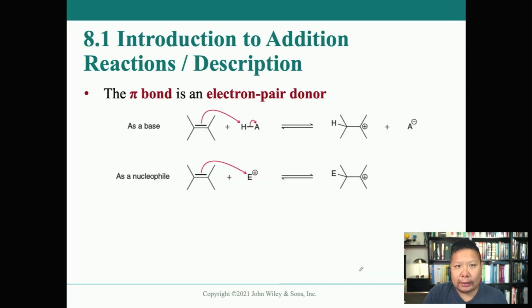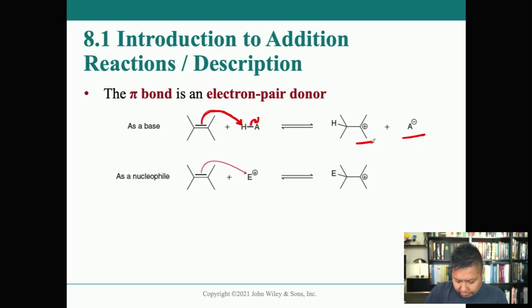So how does this work? You have a pi bond, and it acts as an electron pair donor, right? So literally, as a base, one of the pi bonds comes over and pulls off a proton from an acid, and the electrons from that bond between the proton and the acid go to the acid, and you get its conjugate base, and you get a carbocation, right?